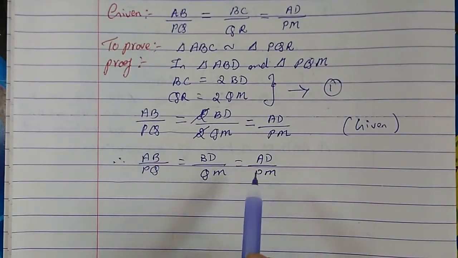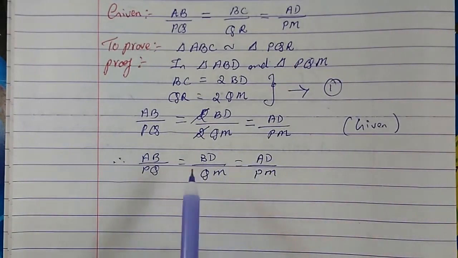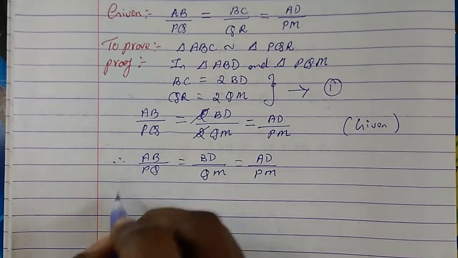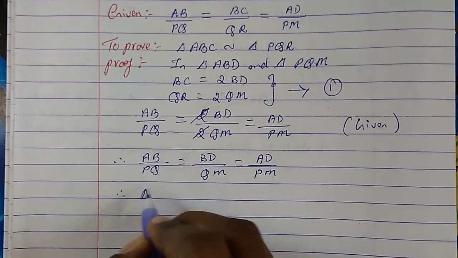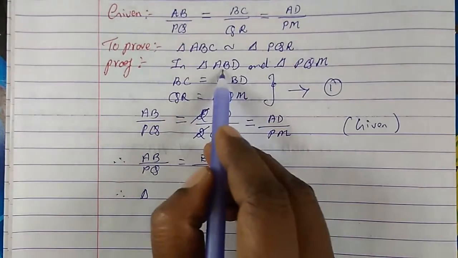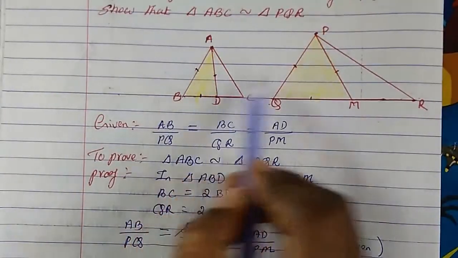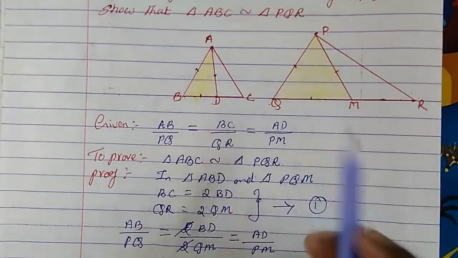So if all 3 sides are equal in ratio, then can we say, therefore triangle ABD, this is the triangle, right? This yellow color triangle, no? So this triangle is similar to this triangle.